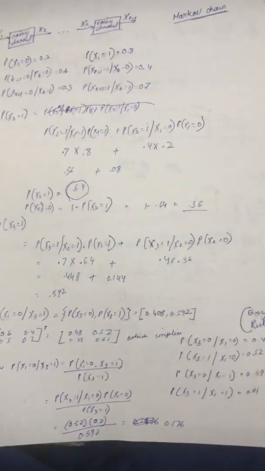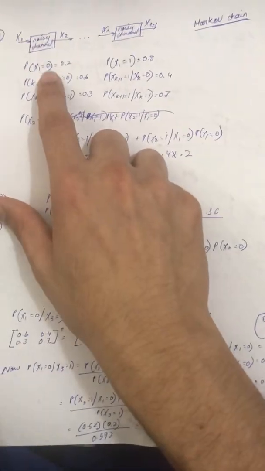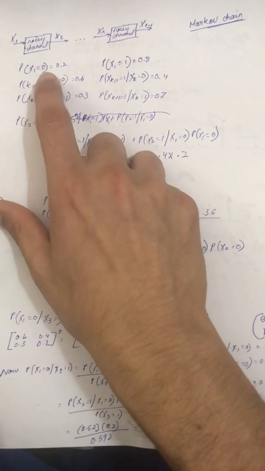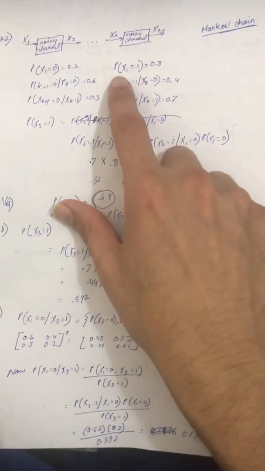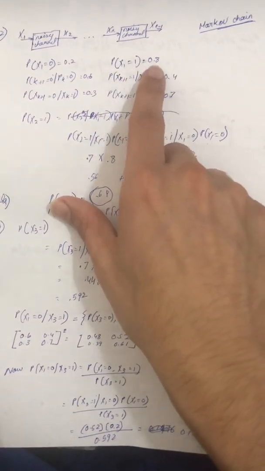Given: the probability of x1 equal to 0 is 0.2, and the probability of x1 equal to 1 is 0.8.